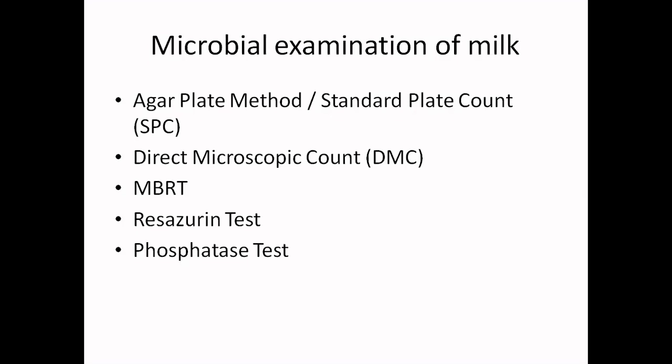Aseptic inoculation of 10 microliters of each milk dilution on separate nutrient agar plates by the spread plate technique and incubation for 24 hours at room temperature. Counting the number of colonies in each plate and calculation of the average number of bacteria per ml of the milk sample is done. The method counts the living organisms in the milk which are metabolically active.